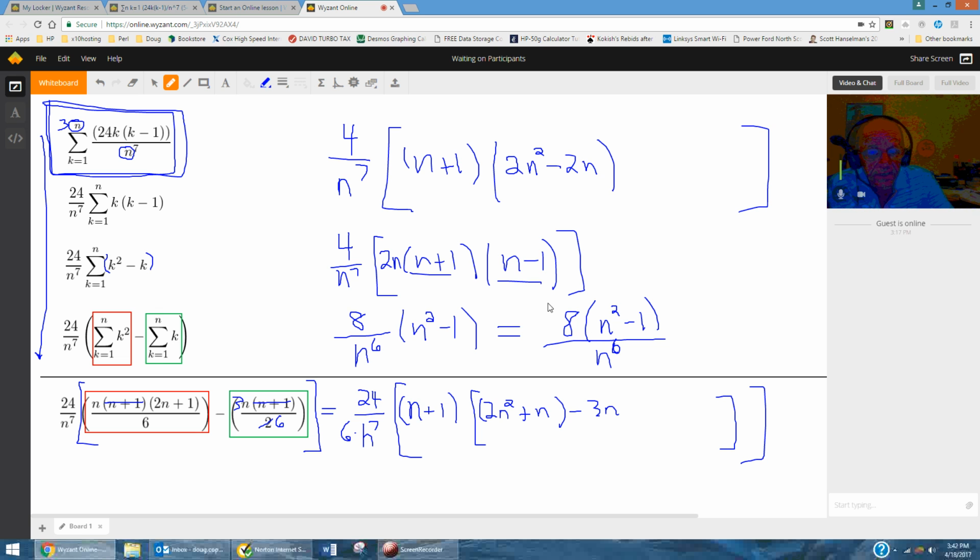So that is one way to write the original expression without summation notation. Okay, I'm going to end the video, and I hope you understood that.